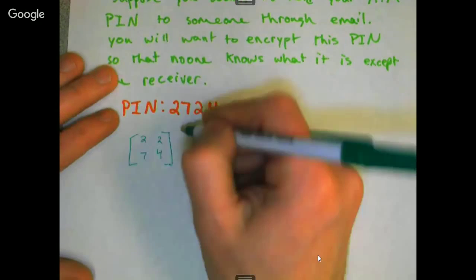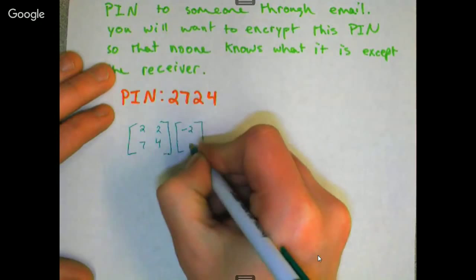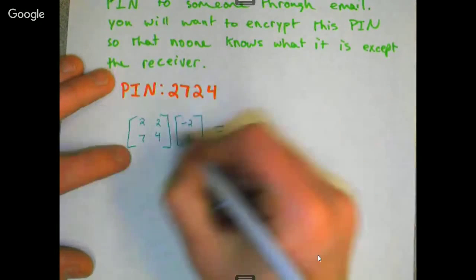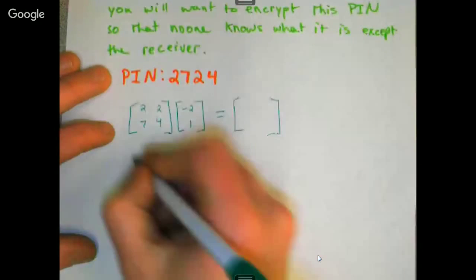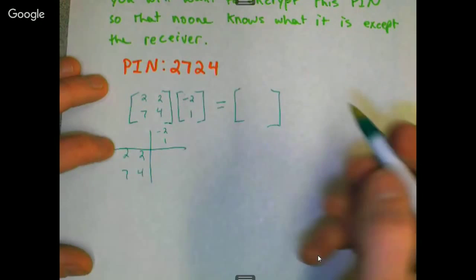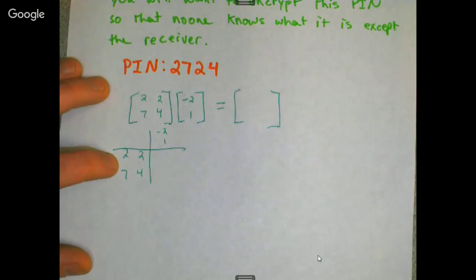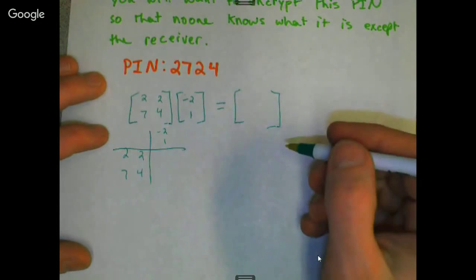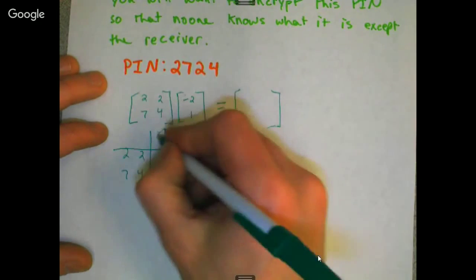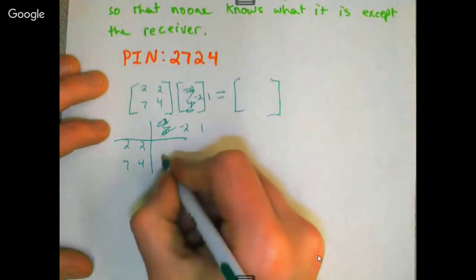Okay. And I will have a key to this matrix. Let's just say I pick negative 2 and 1. That's my key. So I'm going to multiply those two together and get this matrix. So 2, 2, 7, 4, negative 2, 1. Okay, so we'll multiply this.